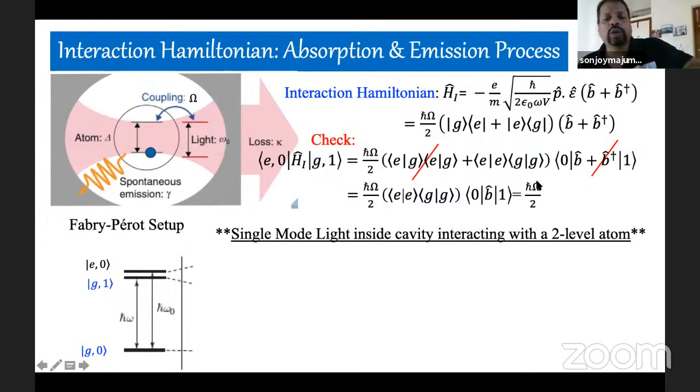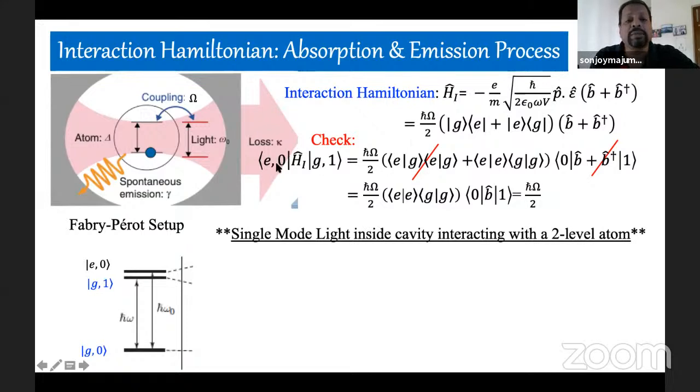So what have we used? This is the formalism which we will be using. We are using single mode light inside a cavity, and it is interacting with a two-level atom. So we keep in mind we have two levels, and you have light which is quantized, and there is a coupling between the light and the atom through this transition matrix element.